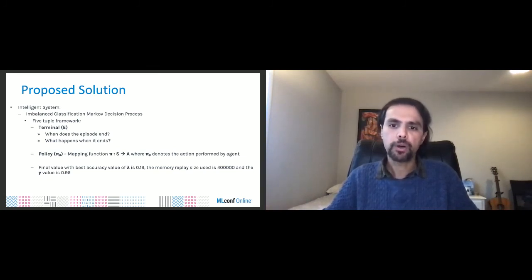And lastly, we have a policy, which is simply a mapping function between the states and the actions. The final values of the parameter search are specified here. We did a parameter tuning on lambda and the memory replay, which in this case was around 400,000 sequences. And then the gamma value was 0.96. So these are the parameters that were used for the Q-learning approach.